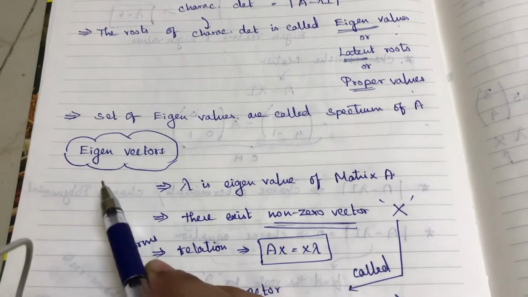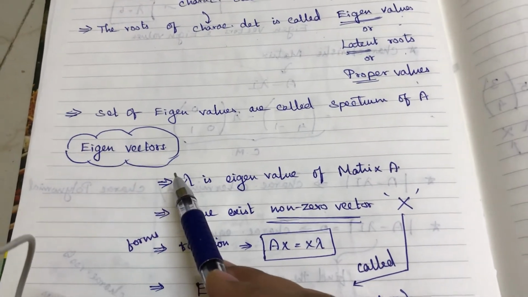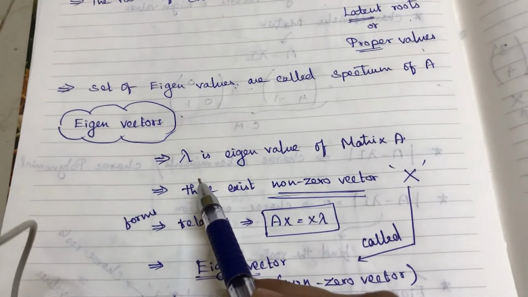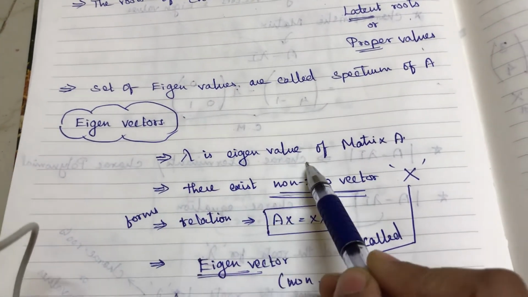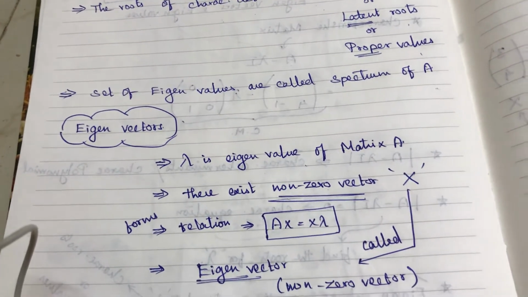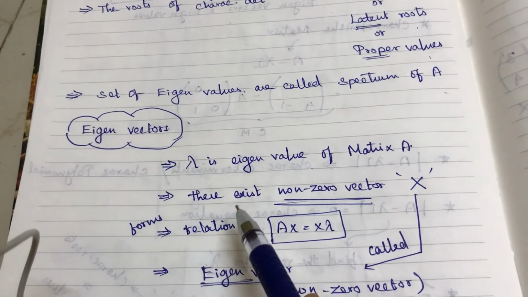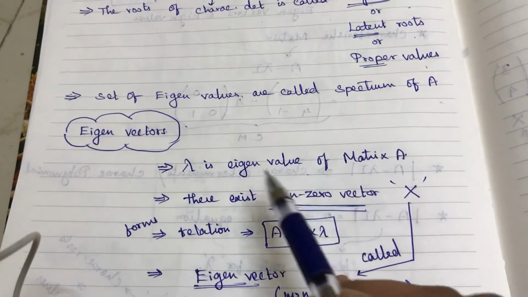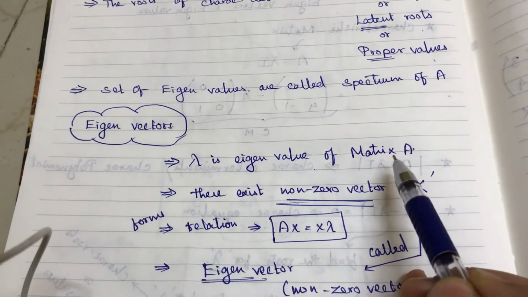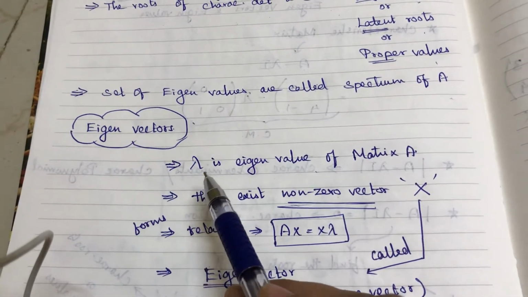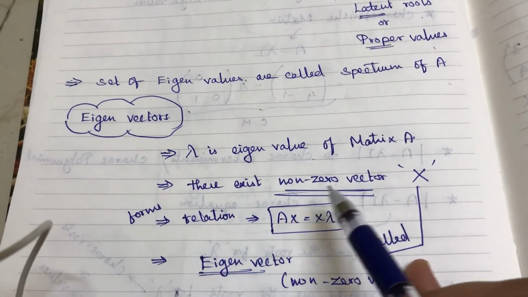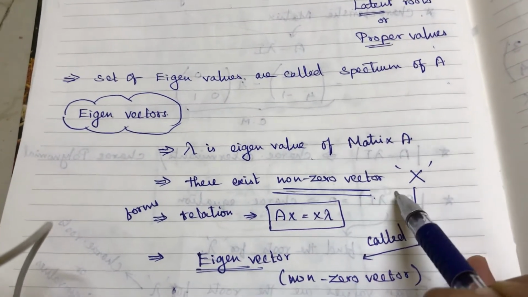What are eigenvectors? Here, lambda is an eigenvalue of the A matrix. In this condition, where A is a matrix with eigenvalue lambda, a non-zero vector will exist.